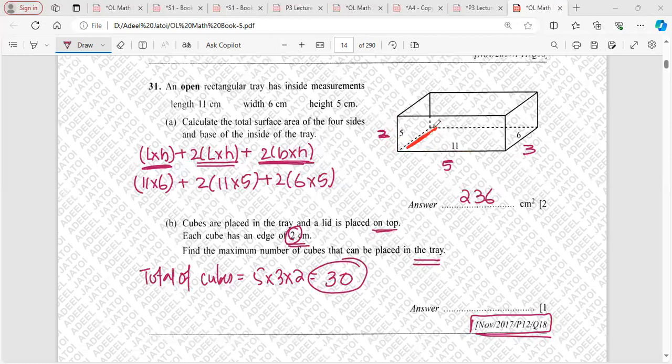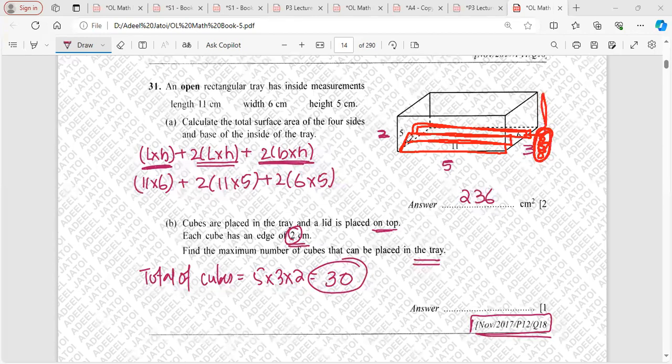Till here, you need to understand that your first lane, your second lane, and the third lane, this will give you 5, 5, and 5. So in total, it is 15.